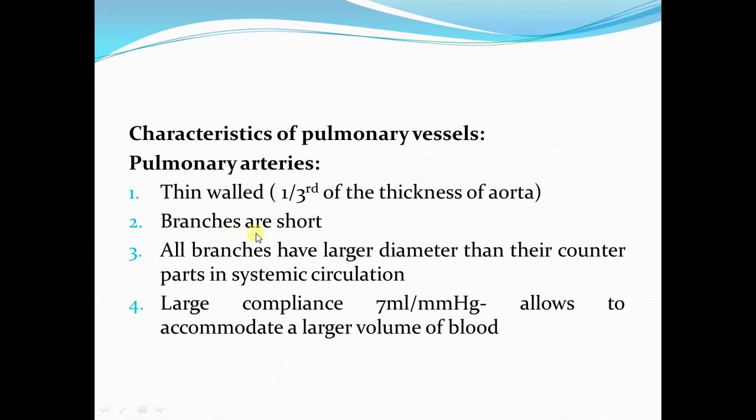The branches of the pulmonary arteries are short as compared to the branches in the systemic circulation, and all the branches of the pulmonary arteries have a large diameter as compared to their counterparts in the systemic circulation. And the compliance of the pulmonary arteries is large. It is 7 ml per millimeter of mercury, and this allows them to accommodate a large volume of blood.